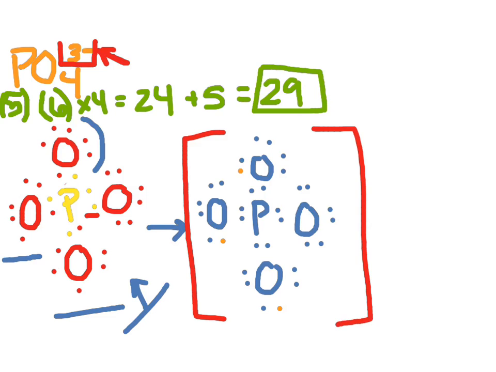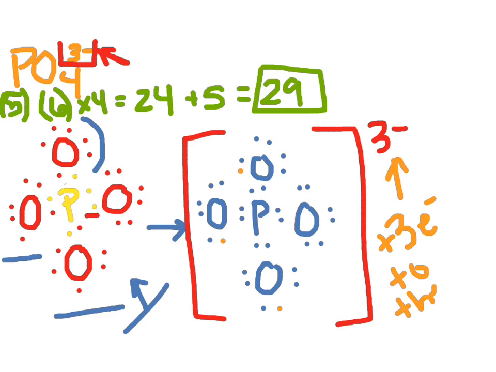And outside of the brackets, you have to write the charge 3 minus. Because that charge is telling you that you really added 3 electrons to the Lewis structure.